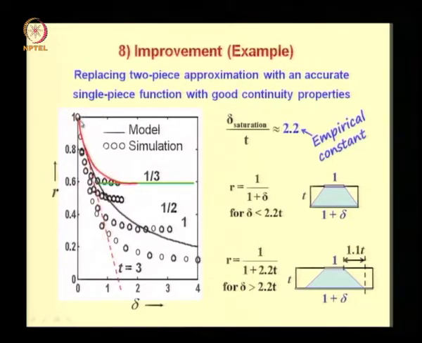This is the kind of segment we are looking for, a red curve which follows the segment for delta less than 2.2 t as well as the constant segment for delta greater than 2.2 t. The dotted line here indicates the initial slope of this red curve.